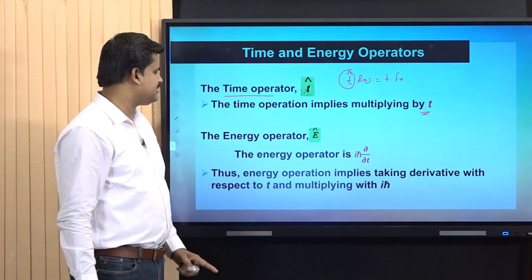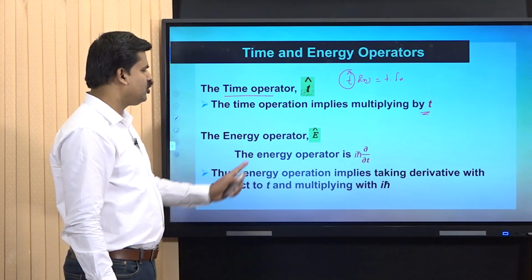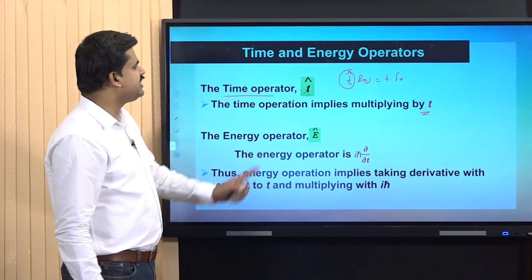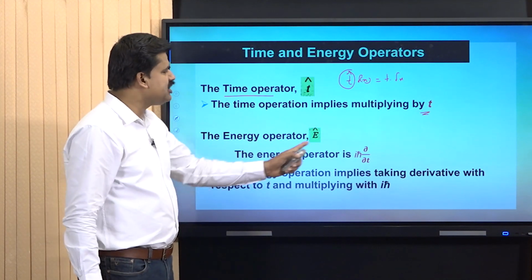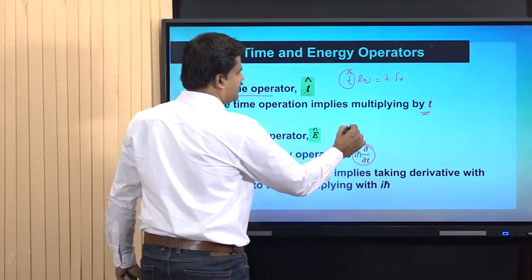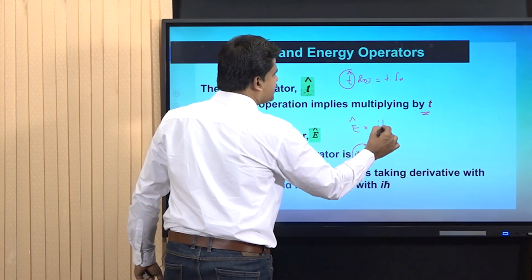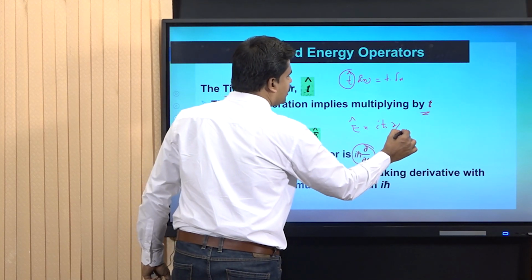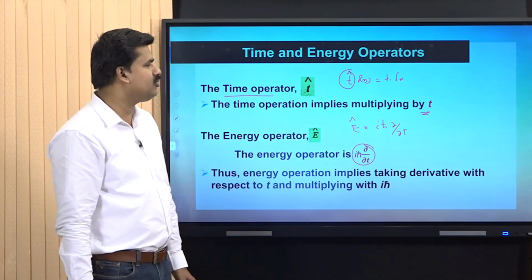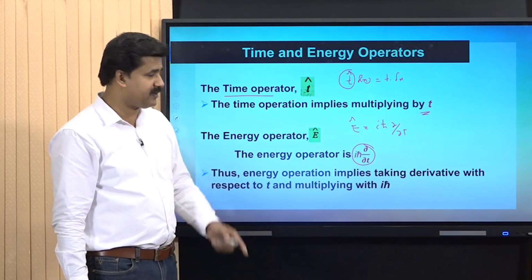If we are seeing T hat, that implies we have to multiply with the T. The other operator is energy operator. The energy operator, not total energy, but the energy operator with reference to time is denoted as E hat. The energy operator is iħ dou by dou t. That is, E hat is equal to iħ dou by dou t. Thus, what is meant by energy operation?